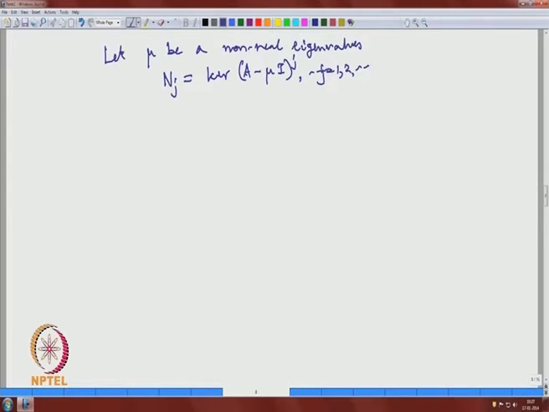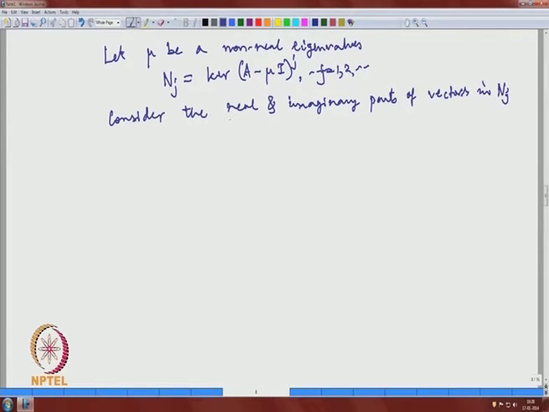Now, you just consider the real and imaginary parts of vectors in these branches.